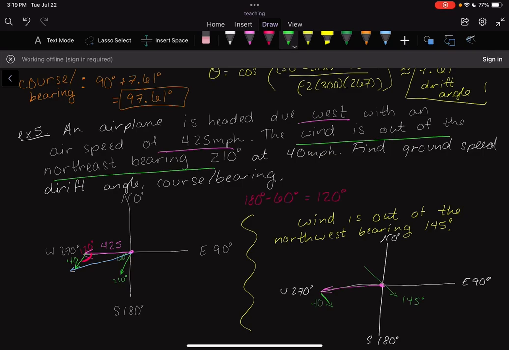And so you see how I'm drawing it the same, from the middle to get the shape of it, but then I'm drawing it on the actual tip of the plane vector. And so for this one, I would say, okay, 90 to 145, how much is that? 55 degrees. So that means that this inside angle here is 55 degrees.